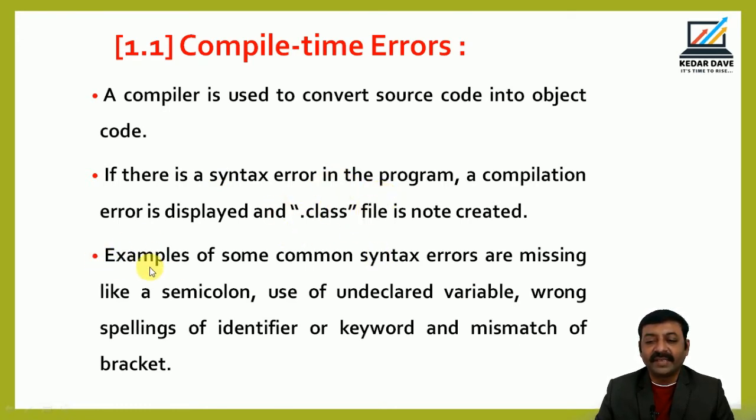For example, some common syntax errors are missing semicolons, use of undeclared variables, wrong spellings of identifiers or keywords, and mismatch of different brackets. So these are the different syntax errors displayed by a compiler.